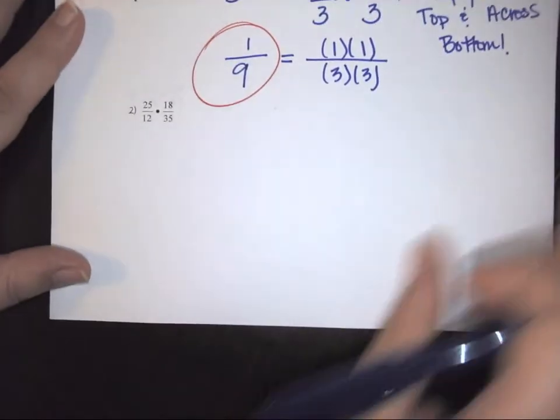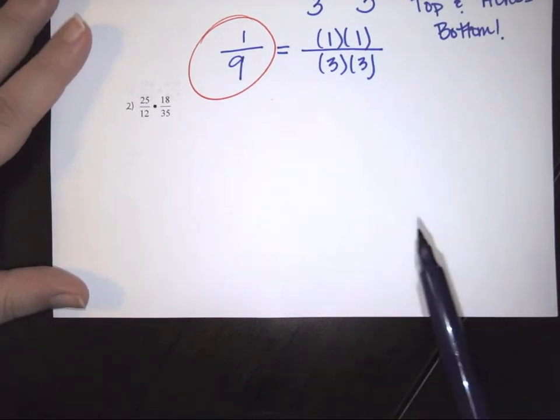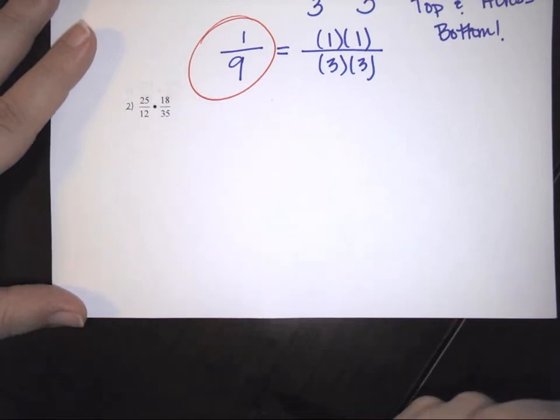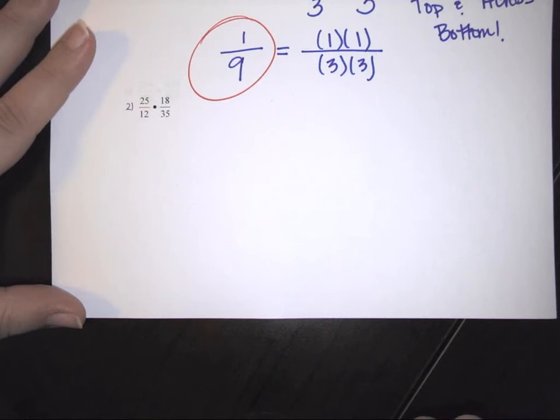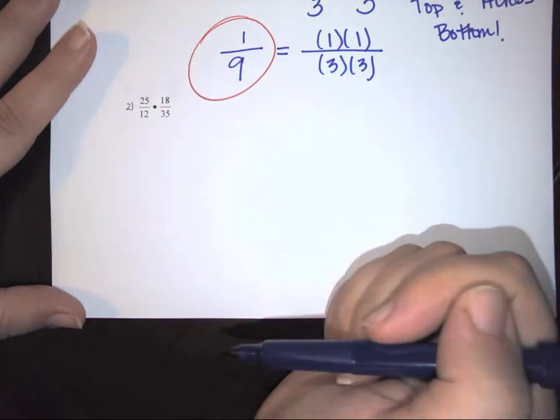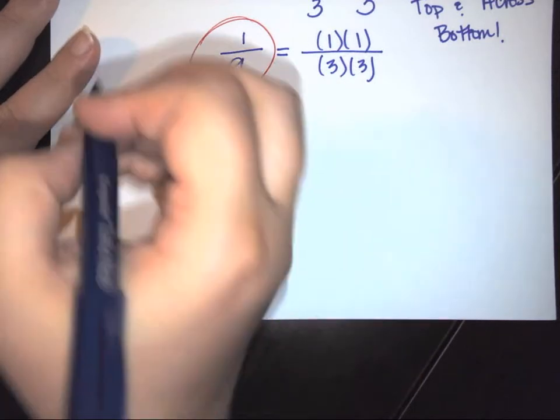So let's work another one. So here I've got 25 over 12 and 18 over 35. Okay. So if I look at 25 over 12, I don't really see anything in common there besides 1. 18 over 35, kind of the same thing. So I need to start looking crosswise.